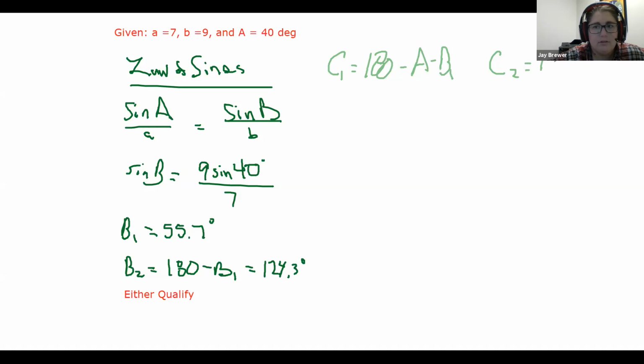And C2 is going to be 180 degrees minus A, and then minus B2. So C1, if you plug in, ends up being 84.3 degrees. And then C2 ends up being 15.7 degrees.